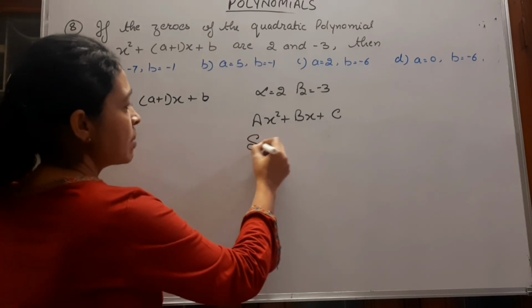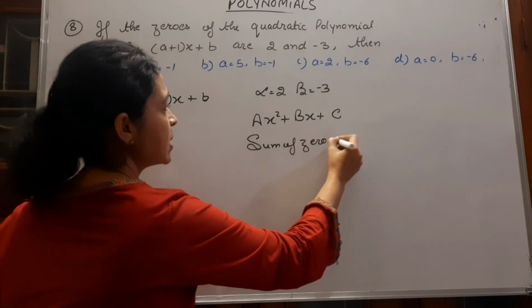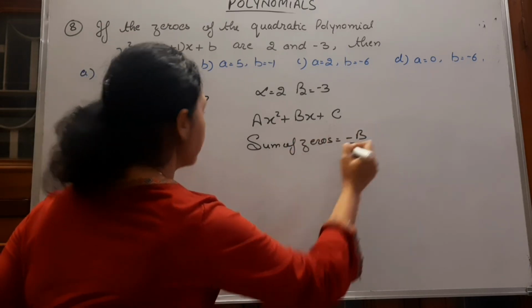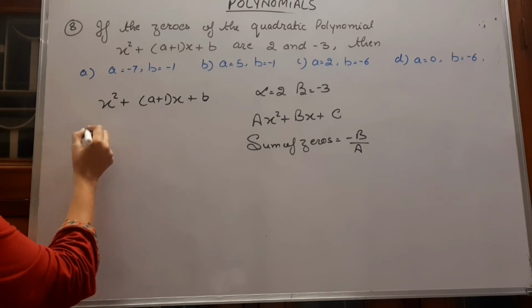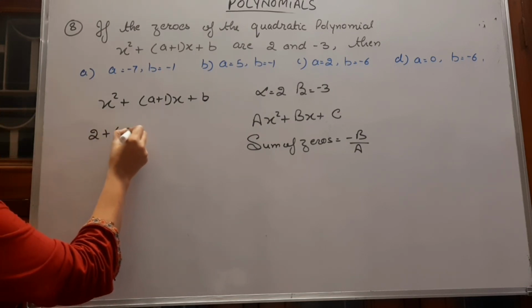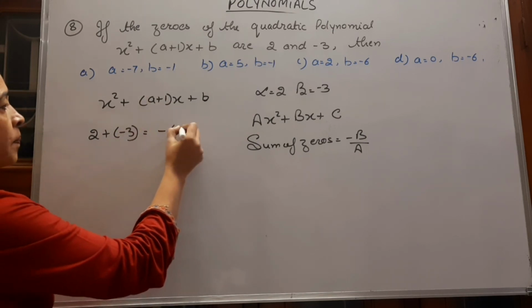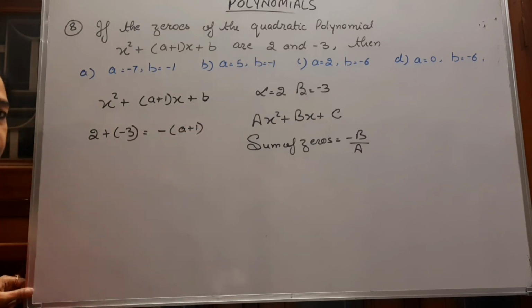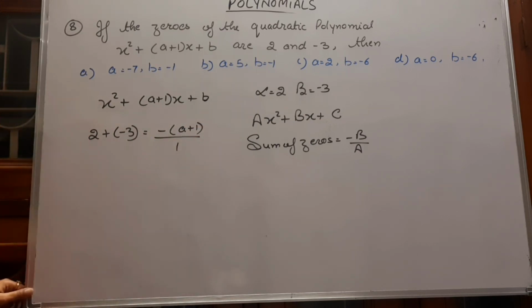Now, what is the sum of zeros? Sum of zeros is minus B upon A. In this case, what is the sum of zeros? Alpha plus beta, 2 plus minus 3 equals minus B upon A. What is B? Coefficient of x, a plus 1, upon A. Coefficient of x square is 1.